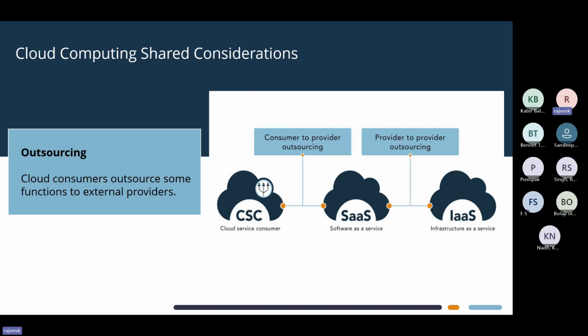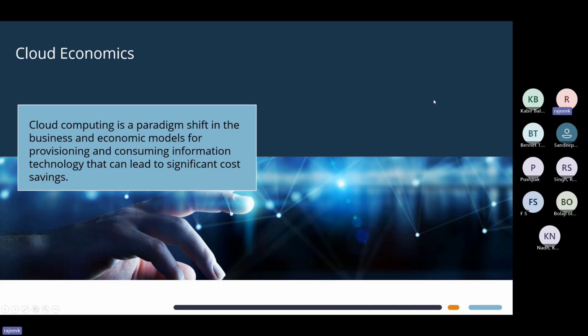It is also because the provider is mostly managing more services for you. So the maintenance cost, electricity cost, internet bill, so many things are going to reduce. And very importantly, you're paying for what you're using. So the next thing we are discussing is cloud economics, definitely the costing part.